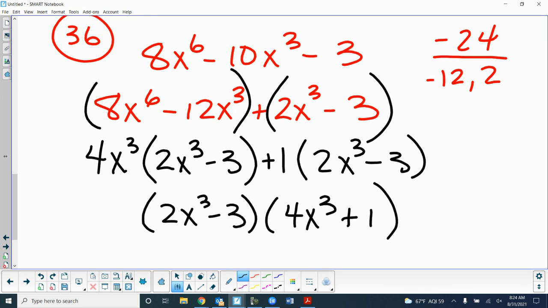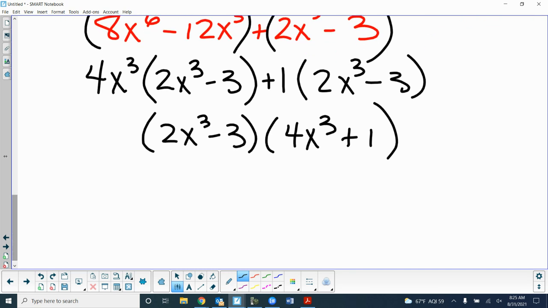If I FOIL these 2, I'll end up with that. Okay? So don't let the 6s and the 3s mess with you. Look, change it to a grouping problem and just use that variable and exponent in the middle when you split it up. Okay? Questions?